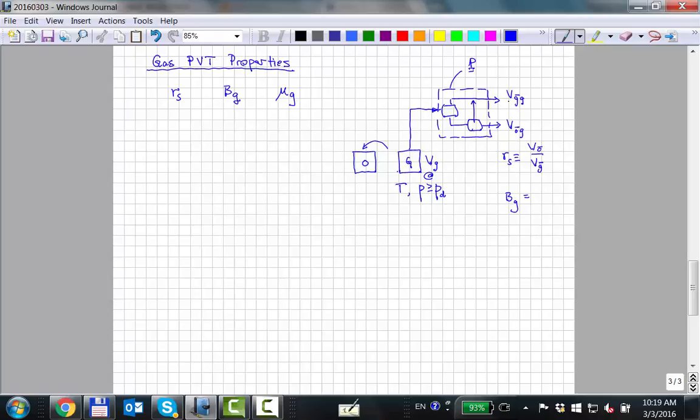Because this happens to be a gas we're putting into the process, we get a surface gas volume from a reservoir gas and a surface oil volume from a reservoir gas. So the nomenclature should look something like that.